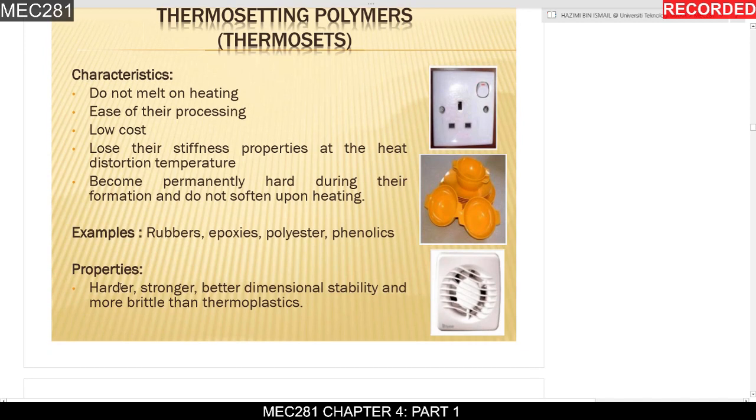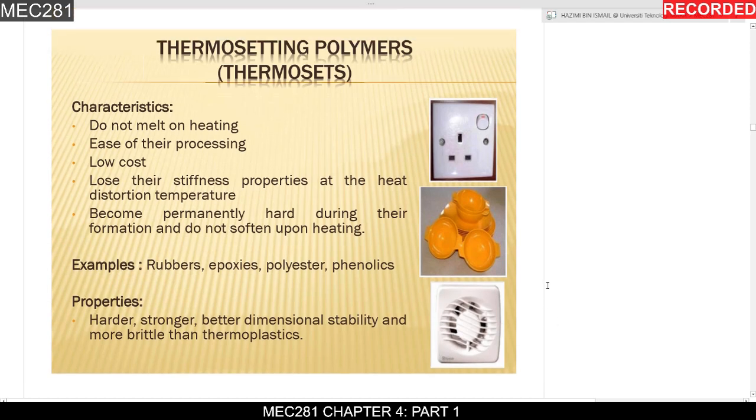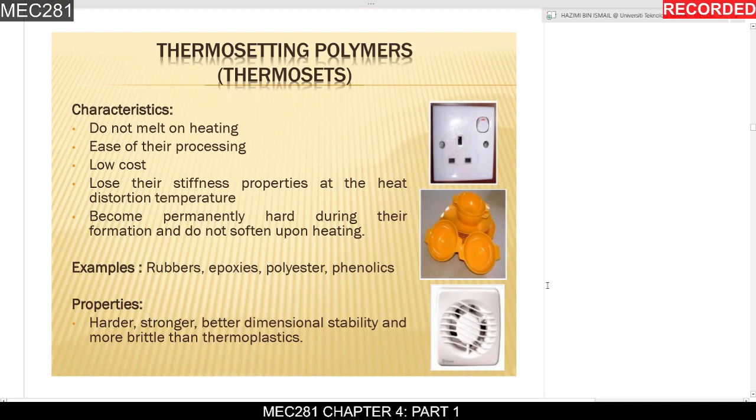Properties of the thermosets: harder, stronger, better dimensional stability, and more brittle than thermoplastic. So when you find plastic that is hard and tough in our daily products, mostly it is probably thermoset plastic.